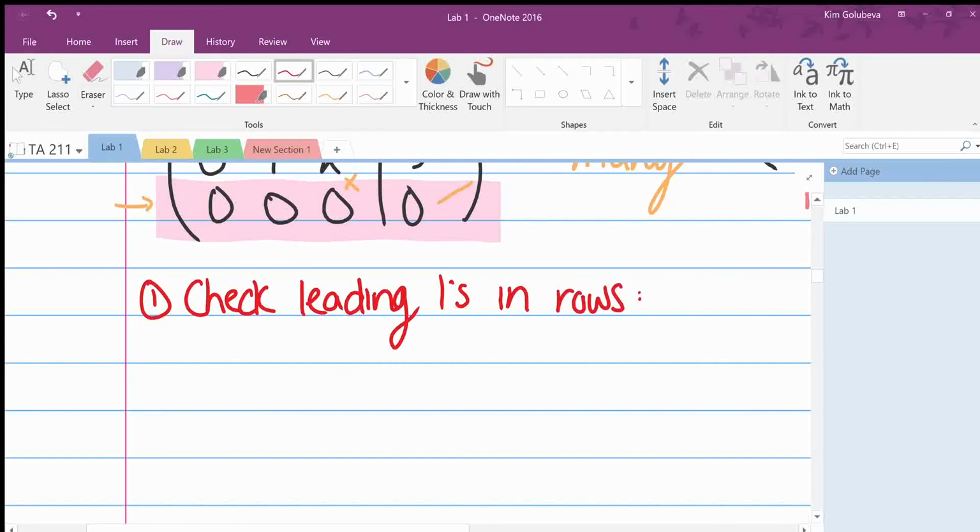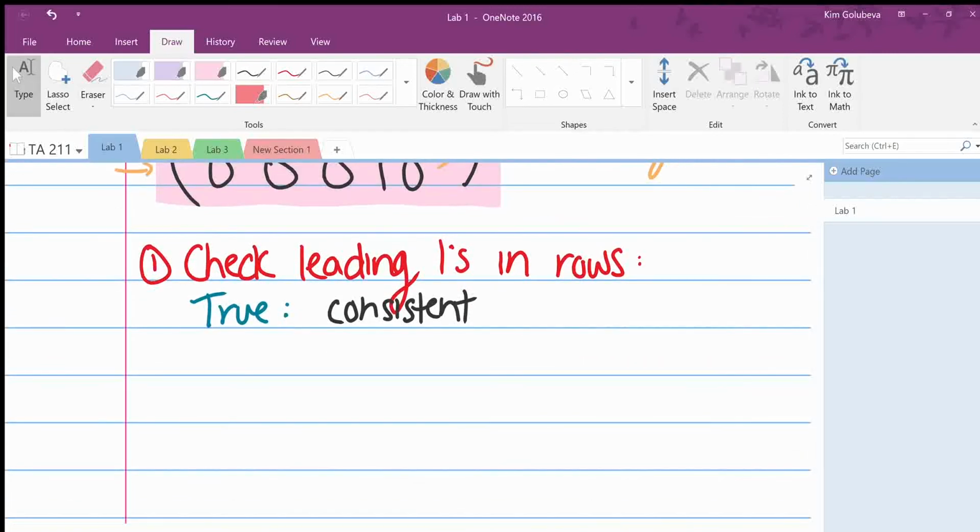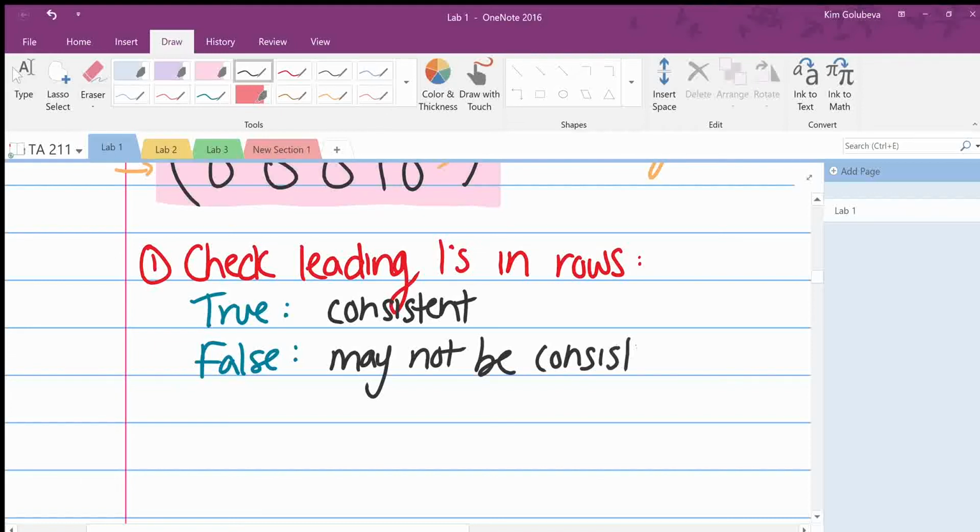Okay, so if it's true, so if there are leading ones in every single row, you know that at least the system is consistent. Okay, so you know that it has at least one solution. Now, if it's false, if there are not leading ones in every row, then you know that, well, you have to check. It may not be consistent. Okay?